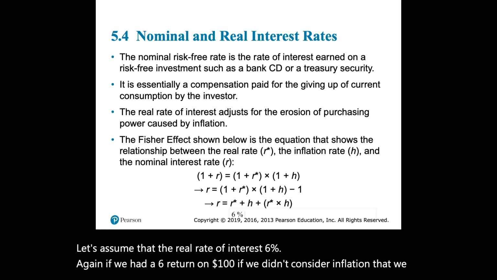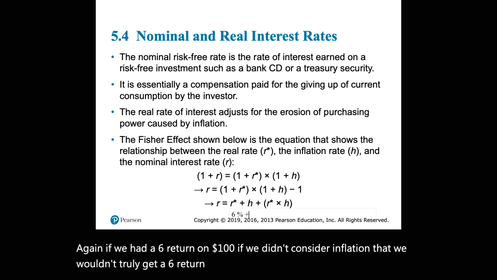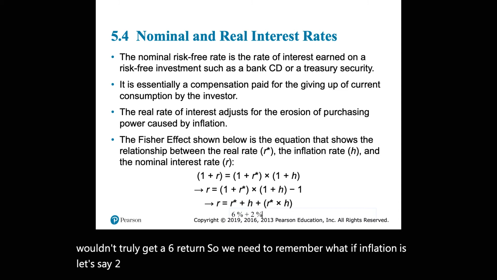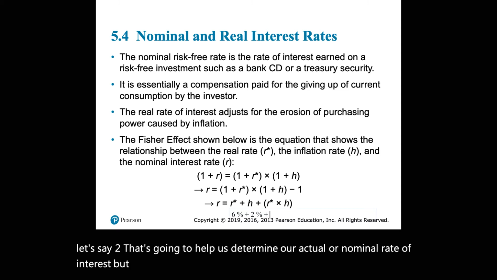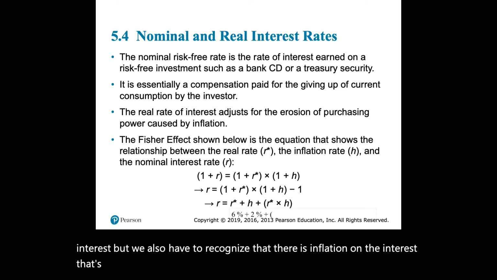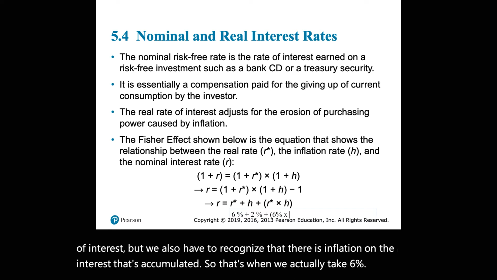So we need to remember, what if inflation is, let's say, 2%? Well, that's going to help us determine our nominal rate of interest, okay? But we also have to recognize that there's inflation on the interest that's accumulated. So that's when we actually take 6% times the product of inflation, 2%.